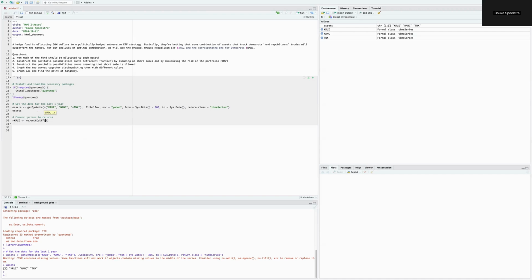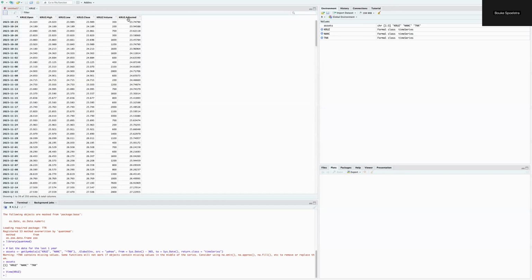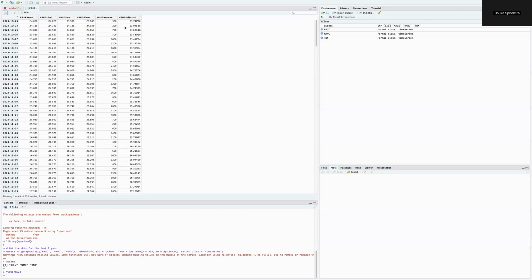And the reason we need to do this is because when we do the difference of logs, this is basically just picking a specific column in CRUZ. Because if we do View(CRUZ), we can see that this column is what we need. We need the adjusted prices. This is the closing price adjusted for dividends. So that's what we're going to use.